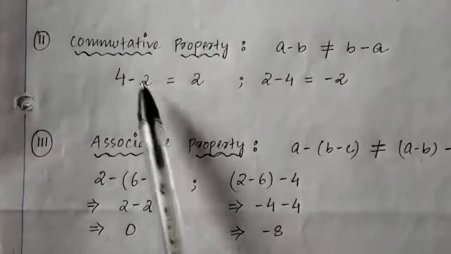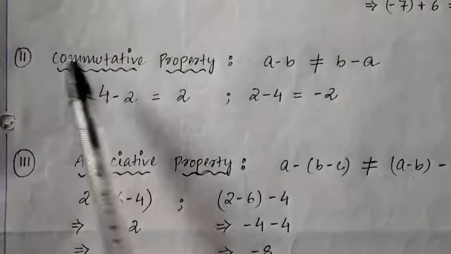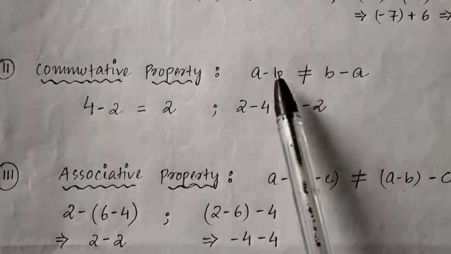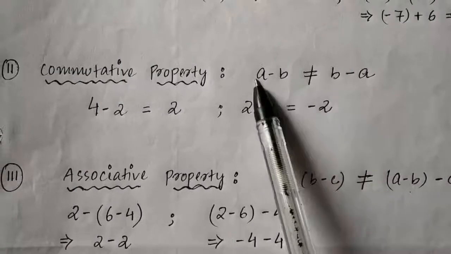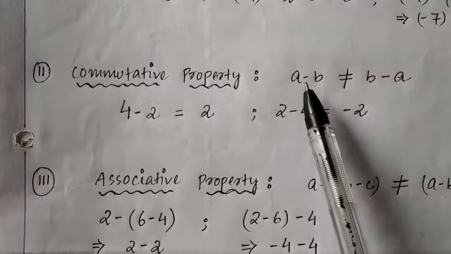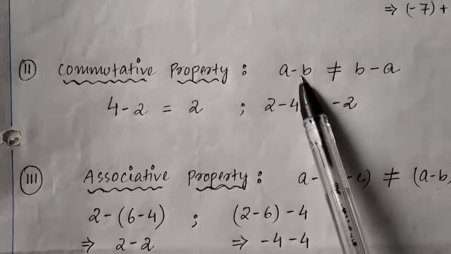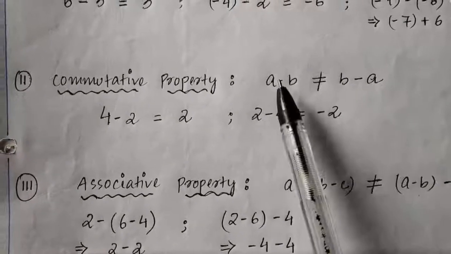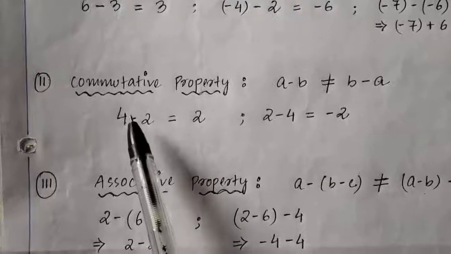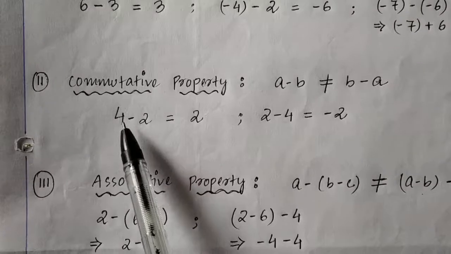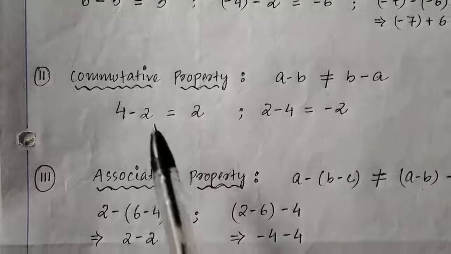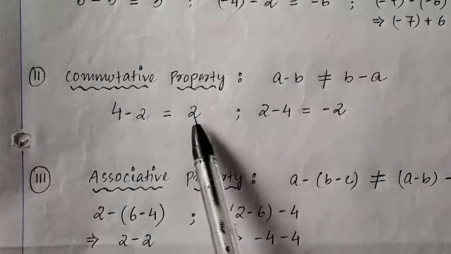Now the next one is our commutative property. In the commutative property, it is a minus b, and in the second case we interchange the places of the integers. But in the case of subtraction, the commutative property doesn't hold true, that is, a minus b is not equal to b minus a. For example, if we take integer 4 and integer 2 and subtract them, that is 4 minus 2, we get 2.